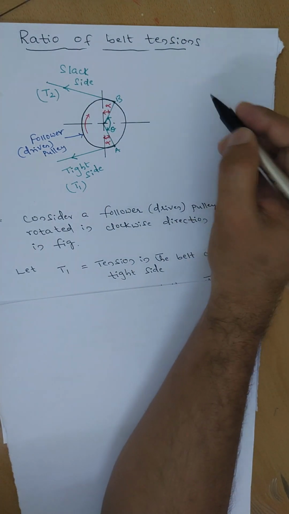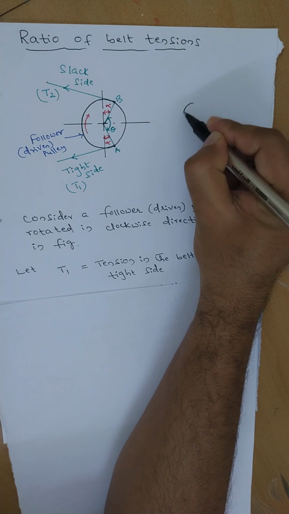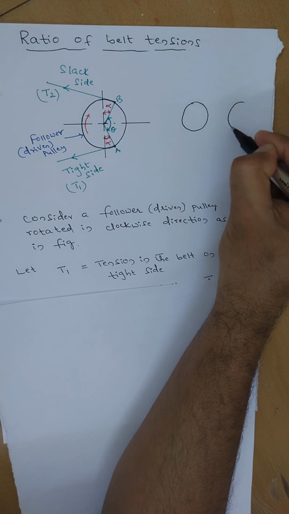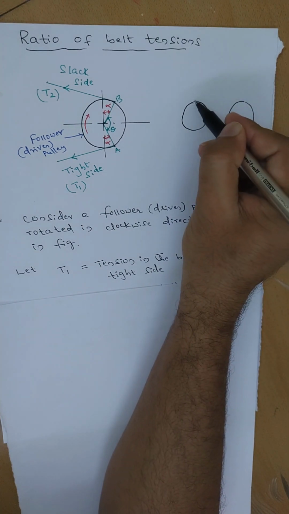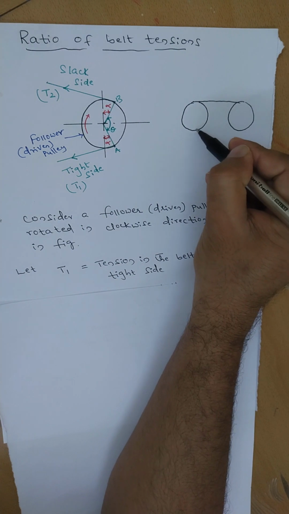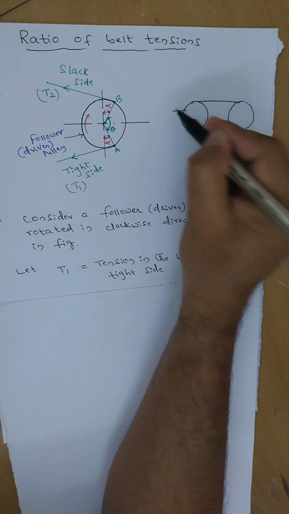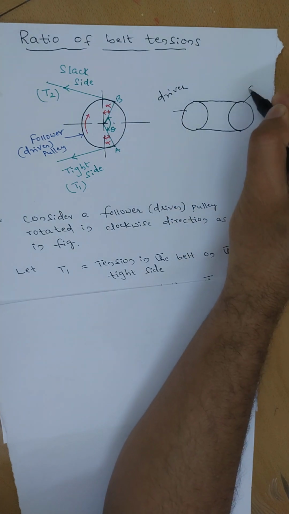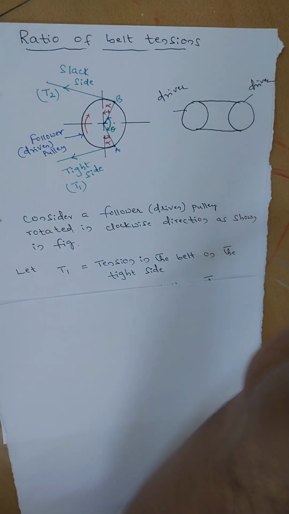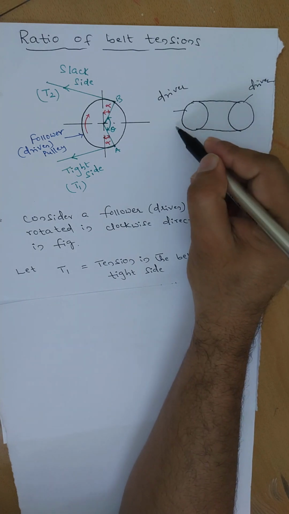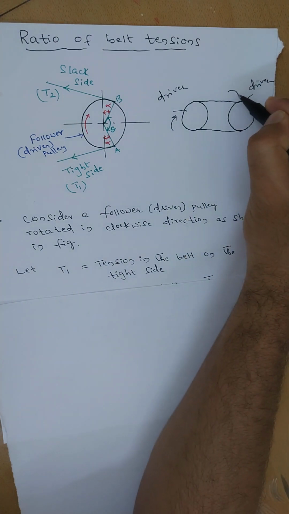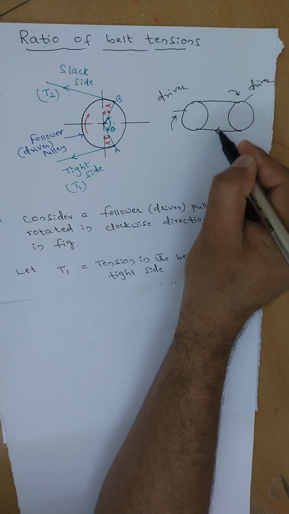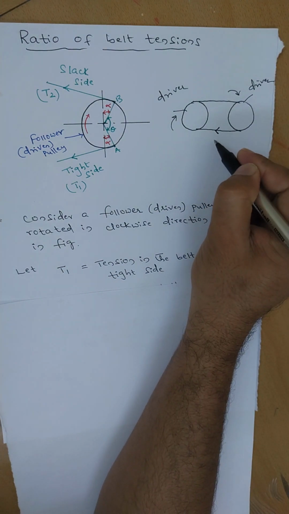Just I'll draw the full driver and driven. We'll come to know here how the tensions will be created inside the belt and inside the pulley. So if you take the open belt drive here, this is the driver and this is the driven. As we know, if the driver rotates in clockwise, the driven also rotates in clockwise direction, and here we are pulling, so here tension is more, that is called the tight side tension.